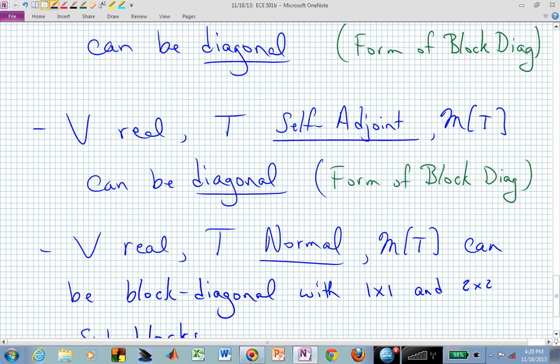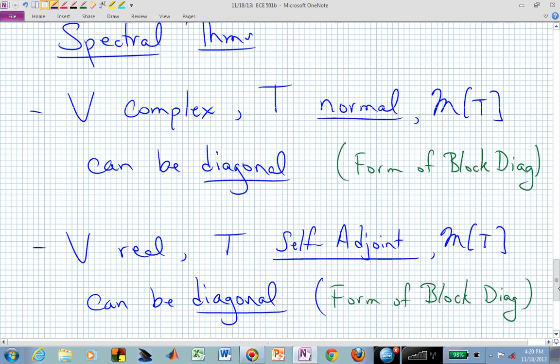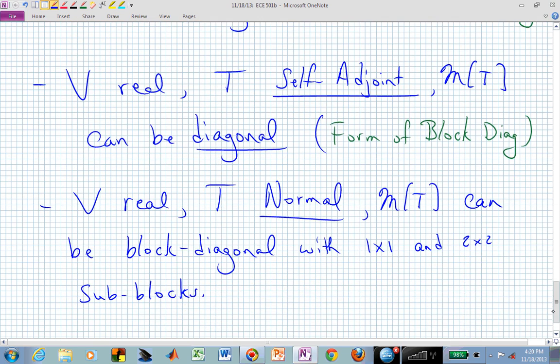But we still have these generalized diagonal type matrices if we have normal or self-adjoint operators. That's what leads to these diagonalized structures in our vector spaces.